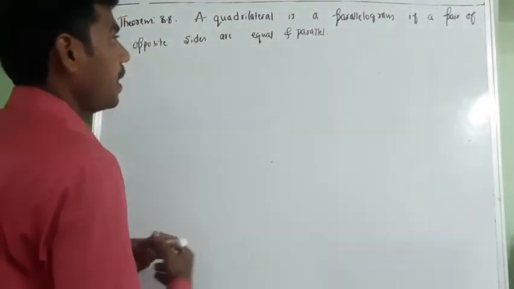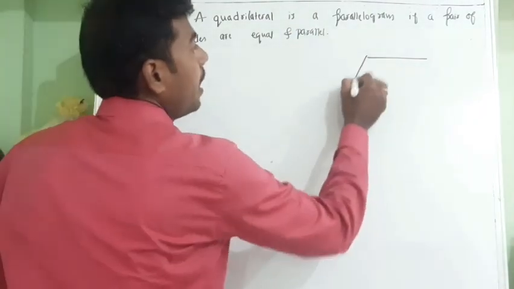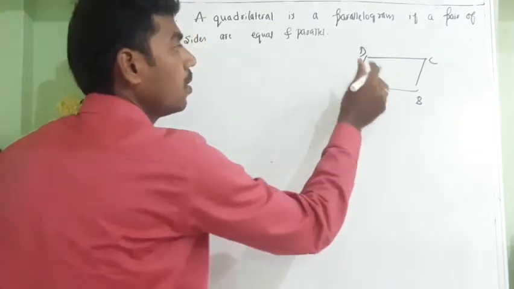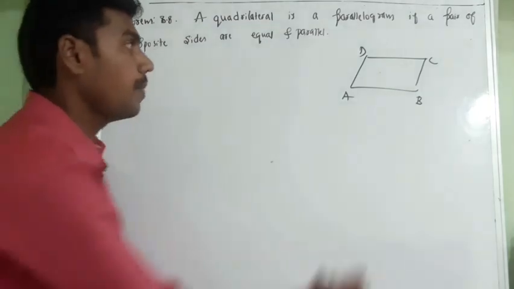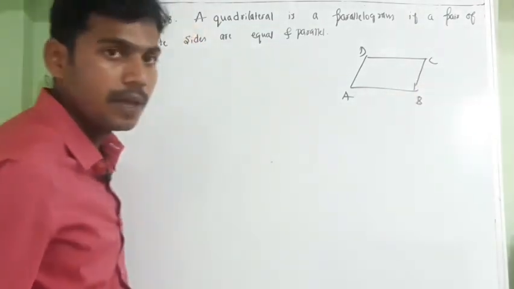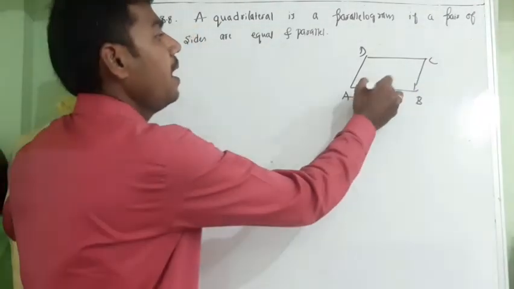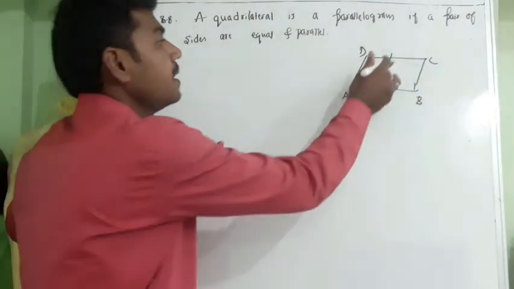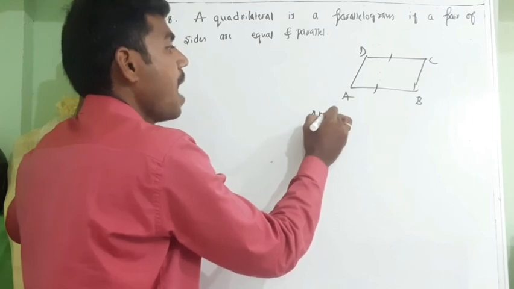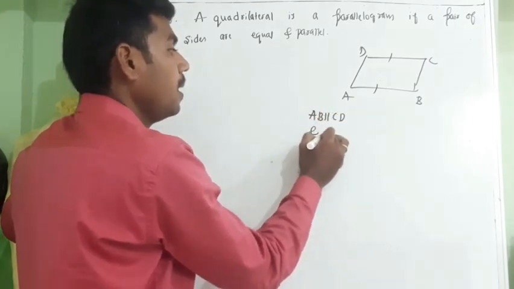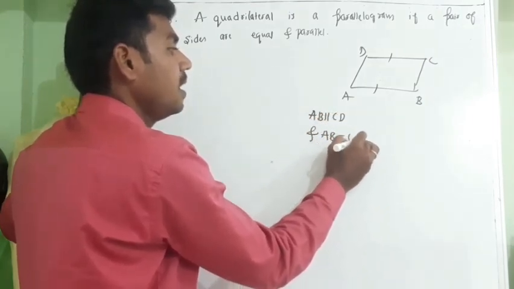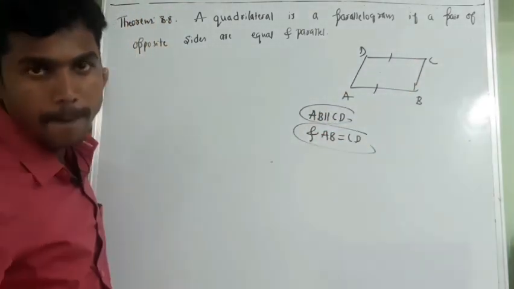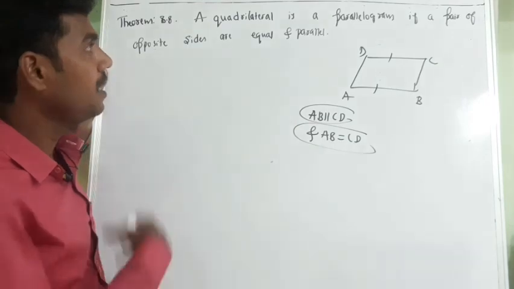If I take ABCD and want to call it a parallelogram, at least one pair of sides should be parallel as well as equal. If AB is parallel to CD and AB is equal to CD, then directly I can say ABCD is a parallelogram. So please note this theorem.